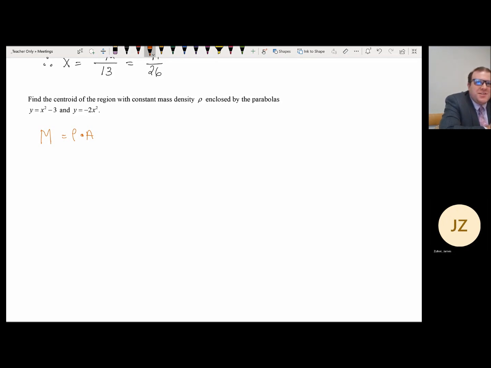And we know the area of a region. Remember we did that area between curves? So that's what we get for total mass.